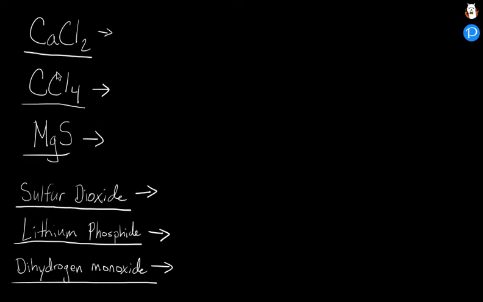So if I look at these three right here, I'm given a formula and I have to write the name. Now, the first thing I have to ask myself before I write out what the name is, is it ionic or is it covalent? If I look at this CaCl2 here, this is an ionic compound, and so I have to use the ionic naming rules for this.